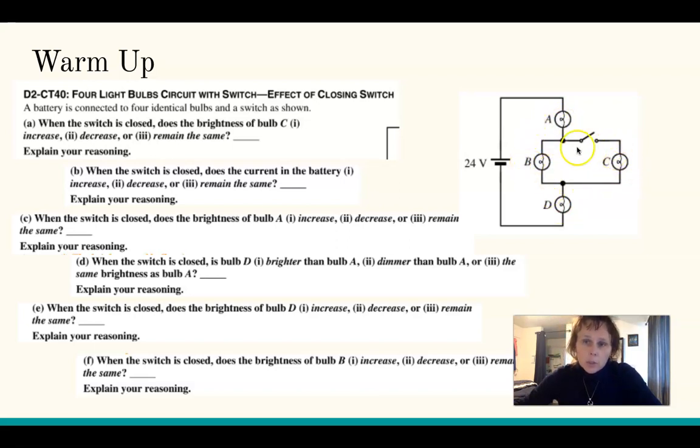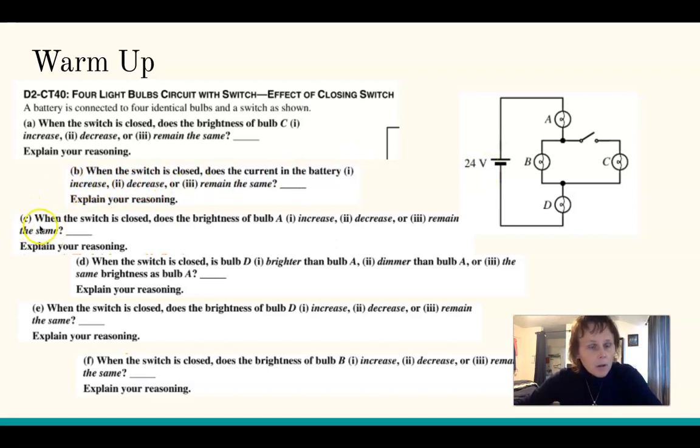Since this equivalent resistance for B and C is less than in the circuit when the switch is open, the total equivalent resistance is going to be less, and therefore the current will increase. So the answer for B is increased.